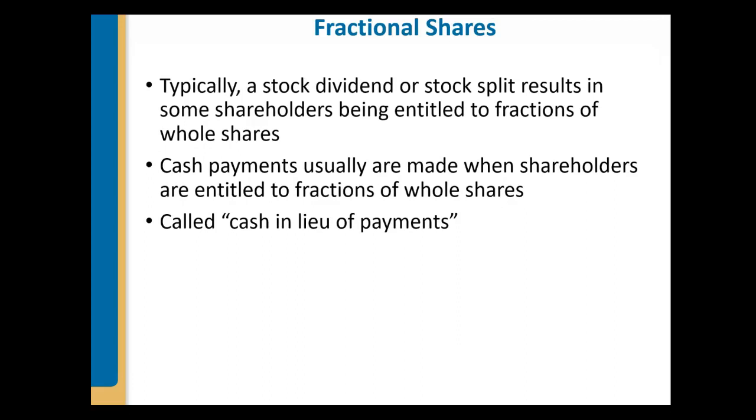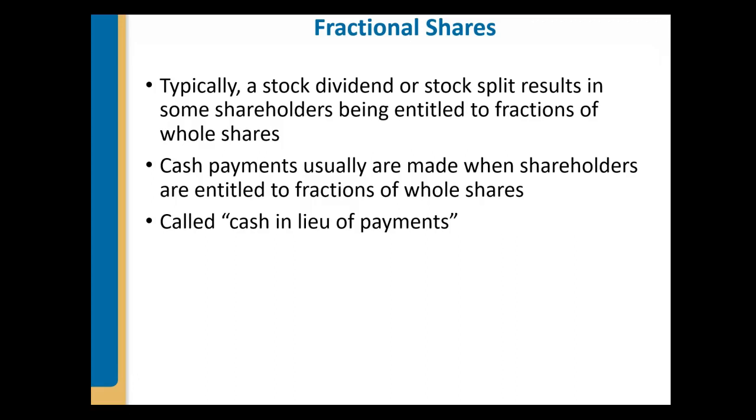Typically, a stock dividend or stock split results in some shareholders being entitled to fractions of whole shares. So, for example, if a company declares a 25% stock dividend, or equivalently a 5-for-4 stock split, a shareholder owning 10 shares should be entitled to an additional 2.5 shares. Another shareholder with 15 shares would be entitled to 3 3/4 shares.